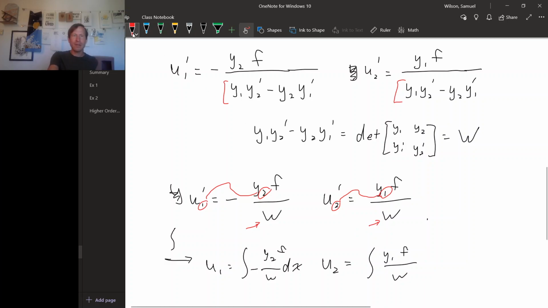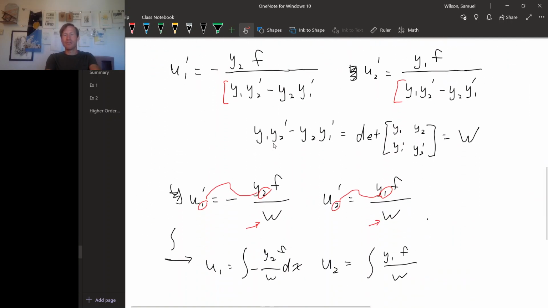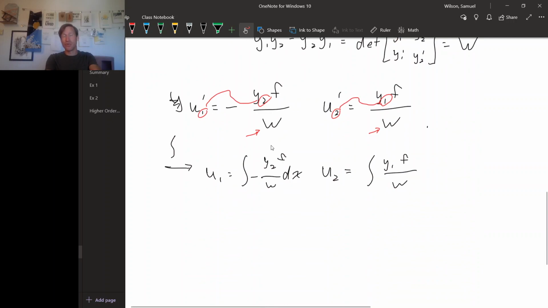So in principle, right, if we start with this general situation, this general differential equation, y double prime plus p times y prime plus q times y equals f, in principle, we can find a particular solution just by finding a fundamental set of solutions for the associated homogeneous equation, using these formulas, and then forming the particular solution u sub 1 y sub 1 plus u sub 2 y sub 2.